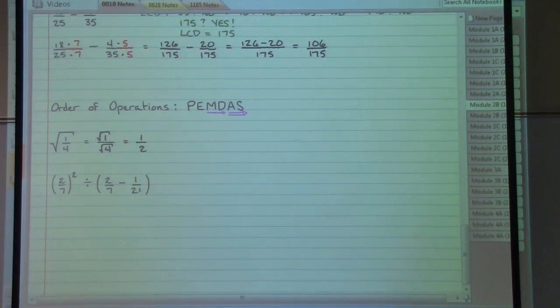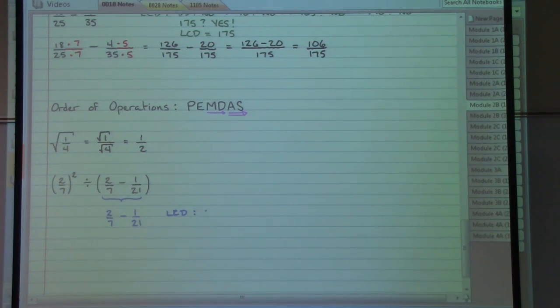The second set of parentheses does have subtracting. So that means that we would need to start out with a least common denominator. Actually, I'll tell you what, let's go ahead and rewrite that like so.